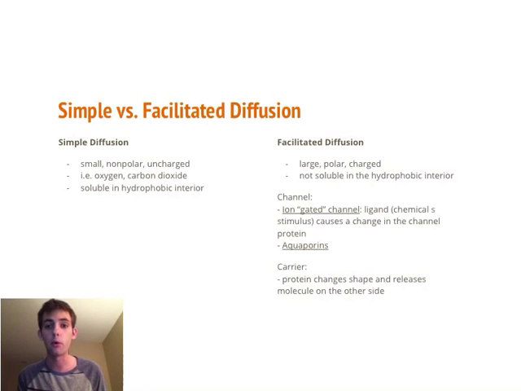We also have aquaporins, and these are protein channels that carry water across the membrane. So water is pretty large, and these aquaporins allow that water molecule to move quicker, or larger amounts to move quicker. We also have carrier proteins, and these are proteins that change shape and release the molecules on the other side. Again, I'm going to show you a picture of that in just a second.